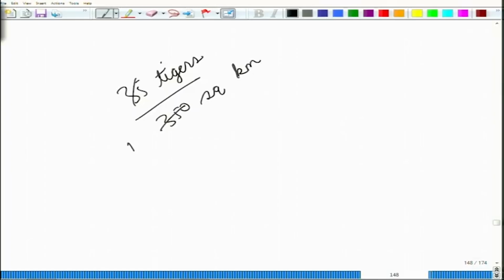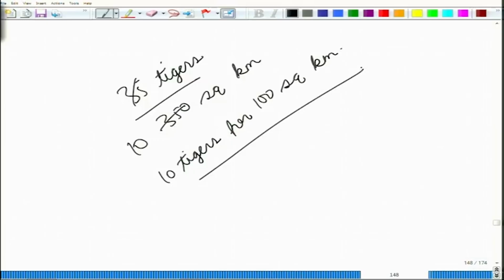So, that would mean 1 tiger every 10 square kilometers or 10 tigers per 100 square kilometers. When we put the numbers in terms of per unit area, per hectare or per square kilometer or per 100 square kilometers, what we are referring to is the population density.